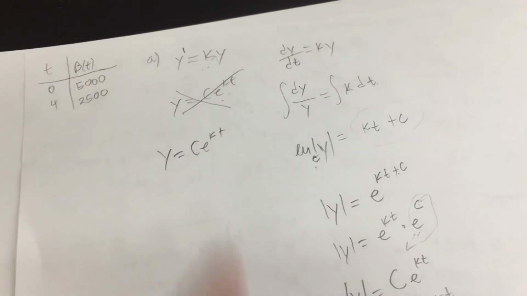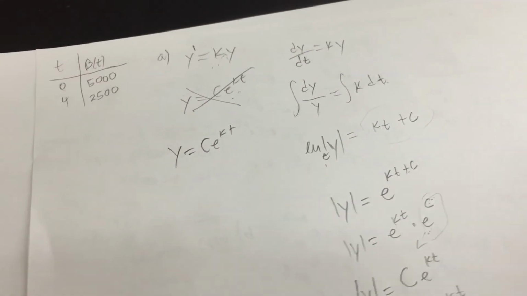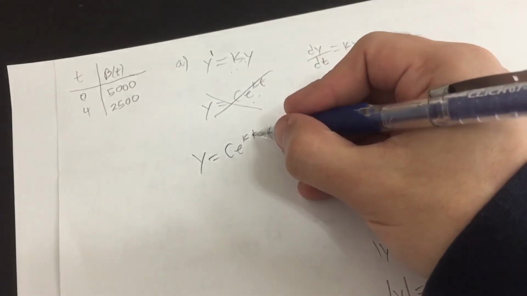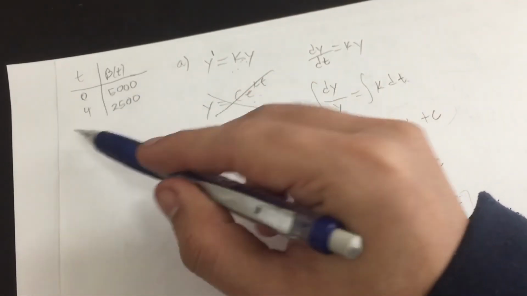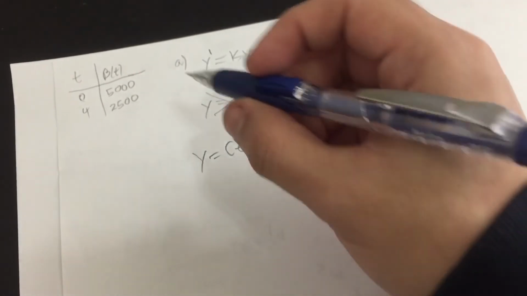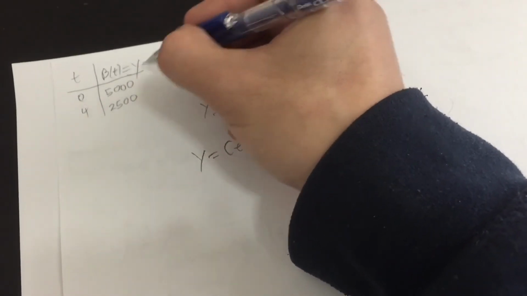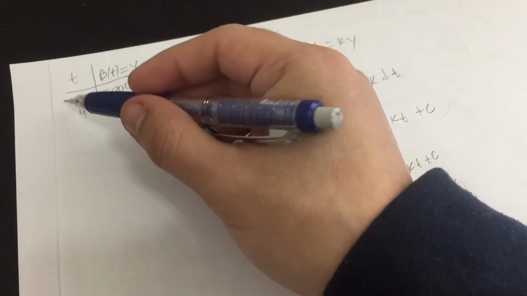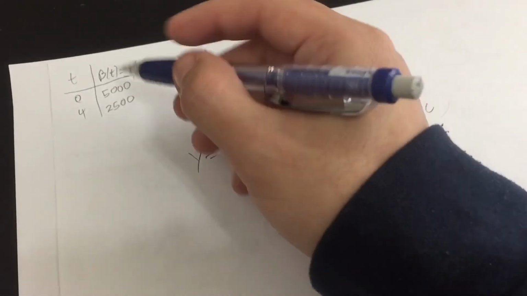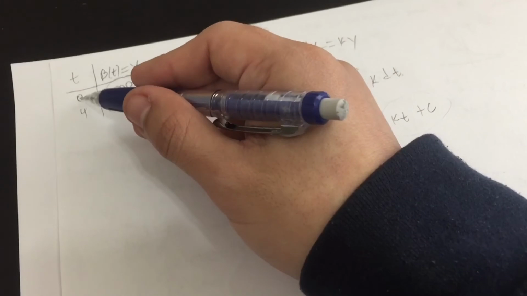And the question is, how would we get k and C if you forgot to use the algebra that I've shown you before? Well, we have to plug these given values in. We have values for t, and remember, this is y. So we have values for y and values for t. Let's plug them in. When y is 5,000, t is 0.